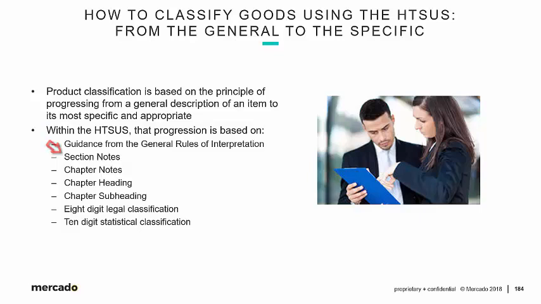Section notes we talked about, chapter notes, chapter headings, that 4-digit number, chapter subheadings, an 8-digit legal classification, and the 10-digit statistical classification. When we do our classifications, we're going to go up to 10 digits and submit them on our entry summary as such.